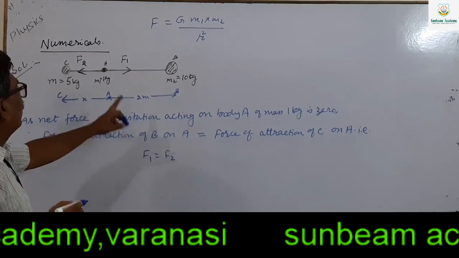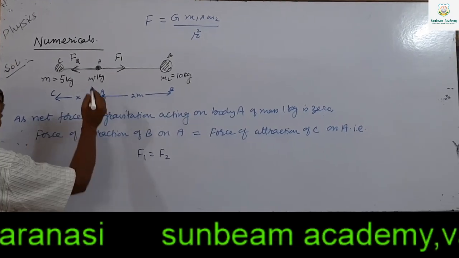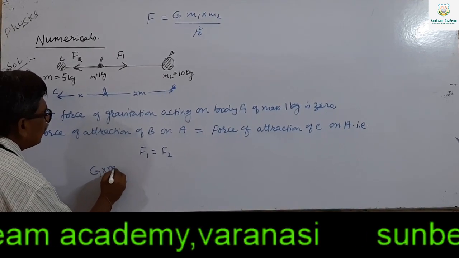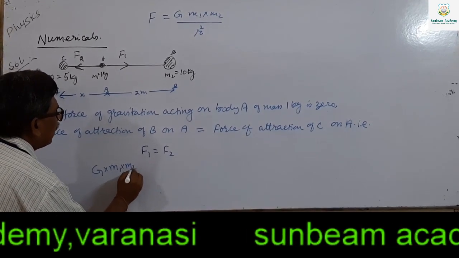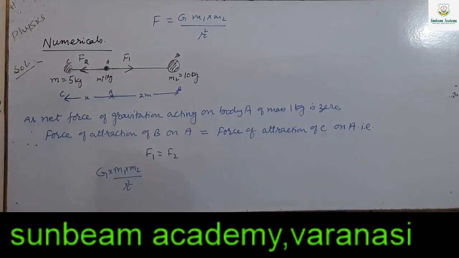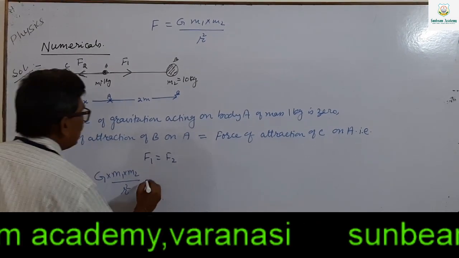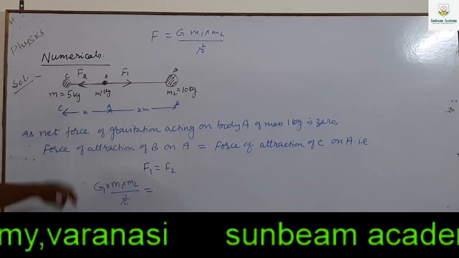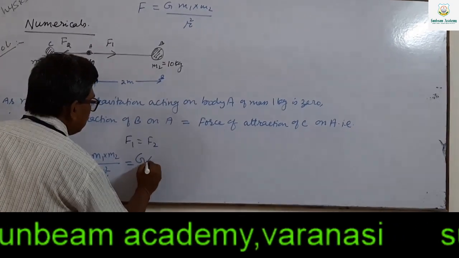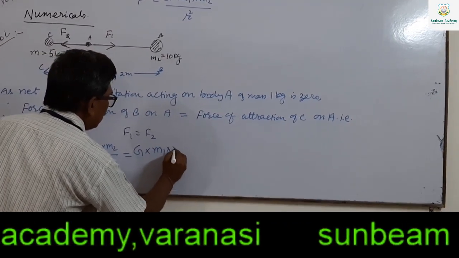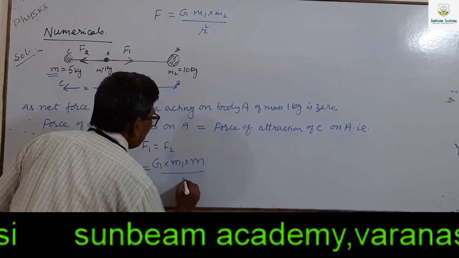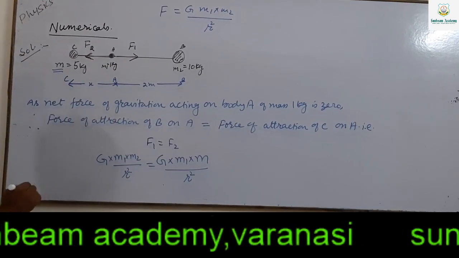Now for F1, G into m1 into m2 upon r square will be equal to G into m1 into m upon r square.